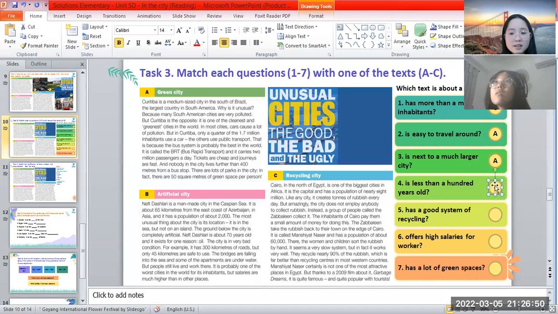Which text is less than 100 years old? I don't know. Okay. For question 4, which text has a good system of recycling?